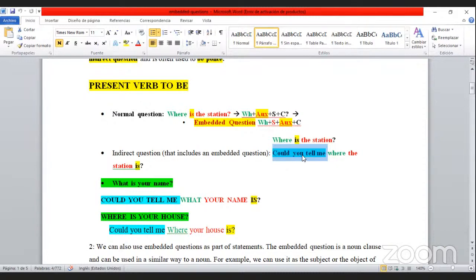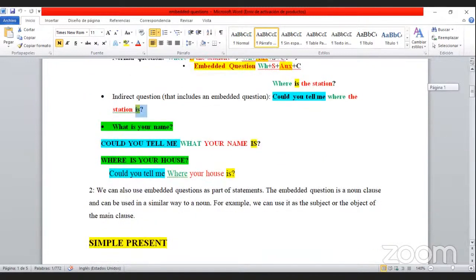So here I am using, could you tell me, I respect my WH, where, I put the station, and after, the auxiliary, is. So could you tell me where the station is? Okay, so this is a polite question. So this is called an embedded question, okay?